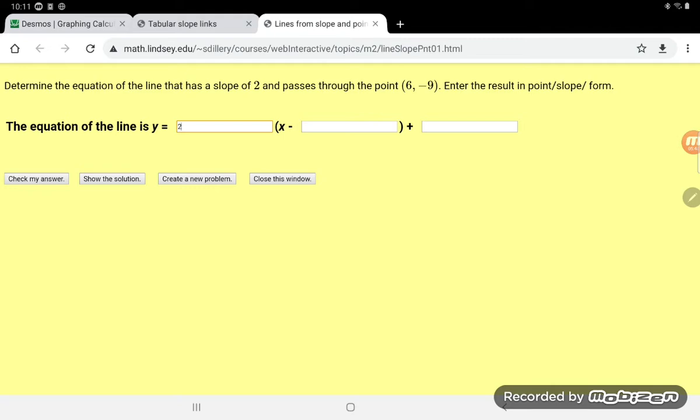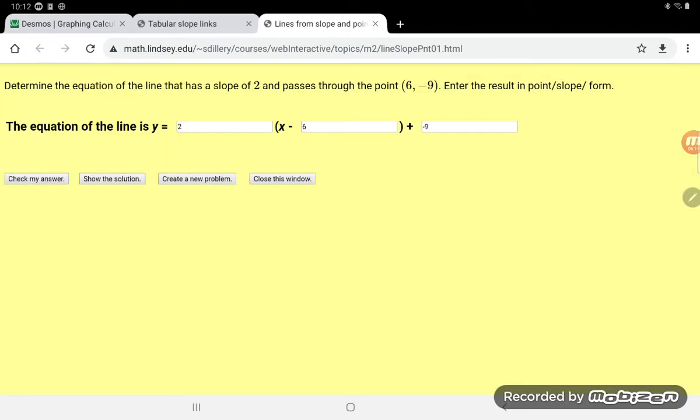So that's my 2. And then my x minus a point's x value. So that's 6. And then my -9 for the y value here, so added to the y value. And so I have 2 times x minus 6, and then plus a -9.